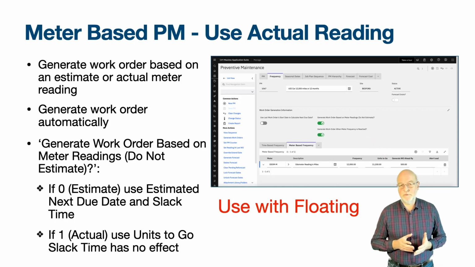If you plotted the number of units consumed per week, and there was little variation on this figure over time, then you may allow the projection of the estimated next due date to generate the work order. If there is a lot of variation over time, then this should tell you that you must use actual meter readings to generate the work order. And if you can step up the frequency at which you take the meter readings, then you can lower the tolerance value.